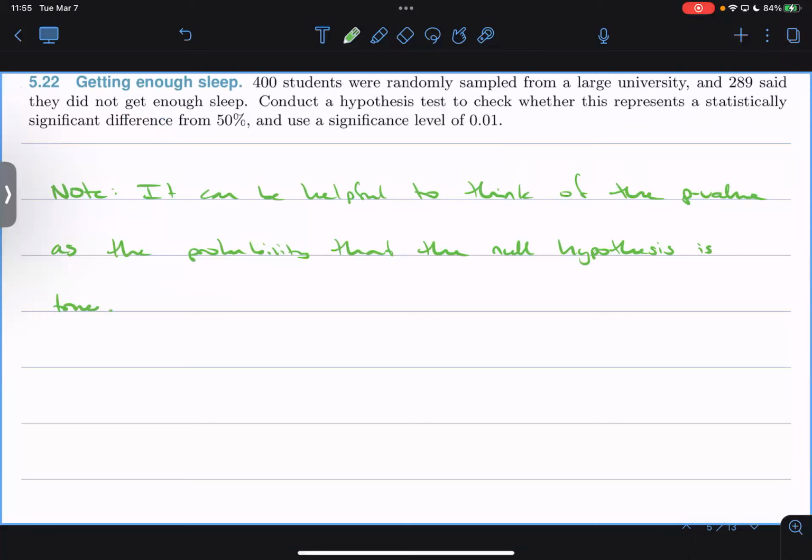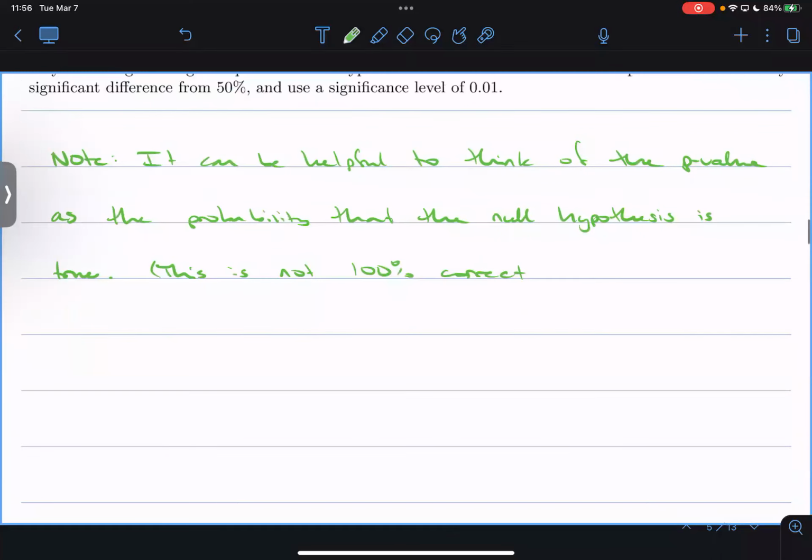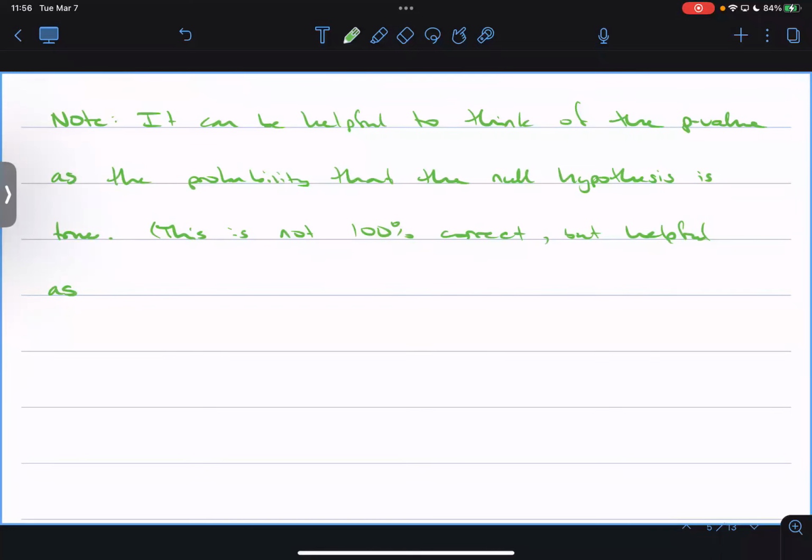This is not 100% correct, but I do think it's a helpful way of thinking about it. So this is not 100% correct because statisticians are sticklers for these types of things. And so I don't want you to think that it's, but helpful as we learn about p-values.